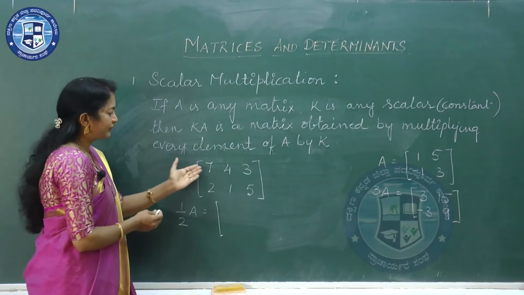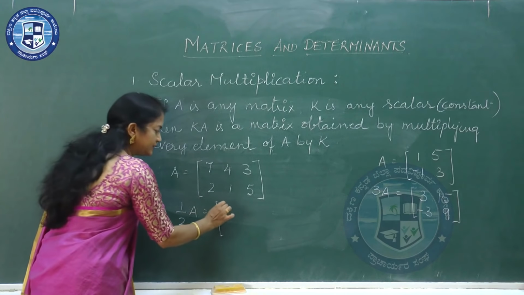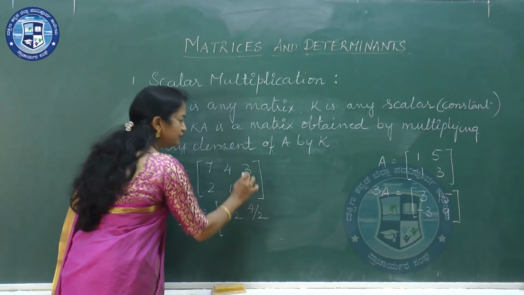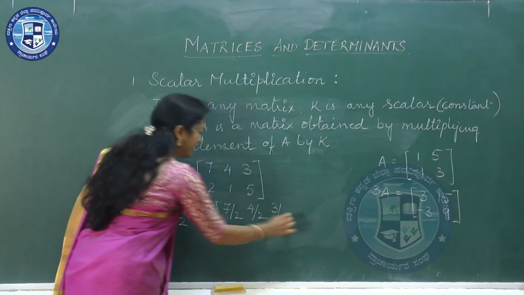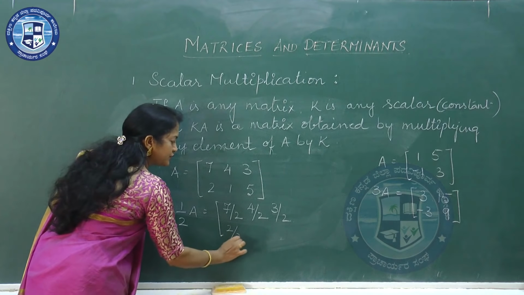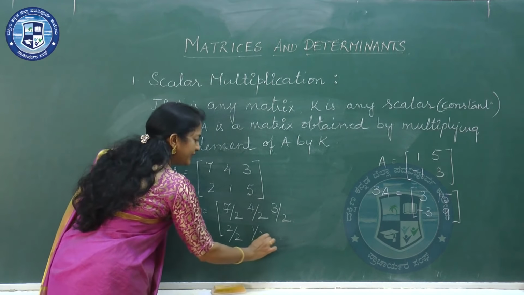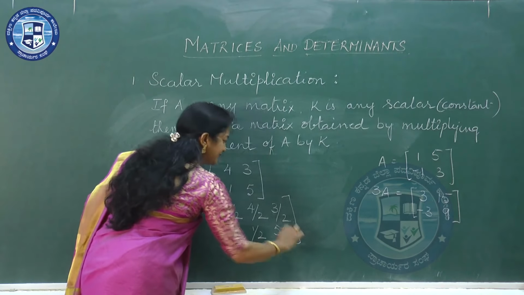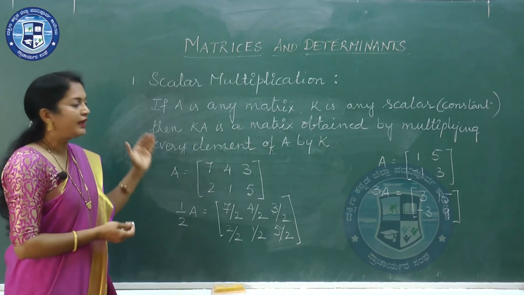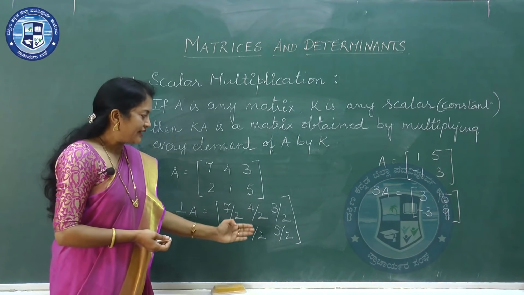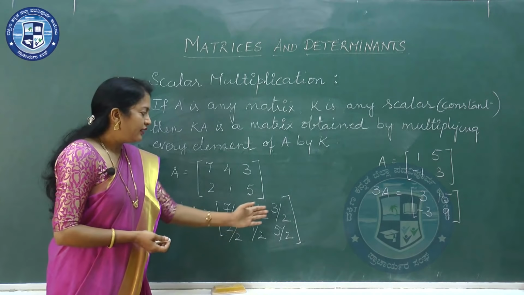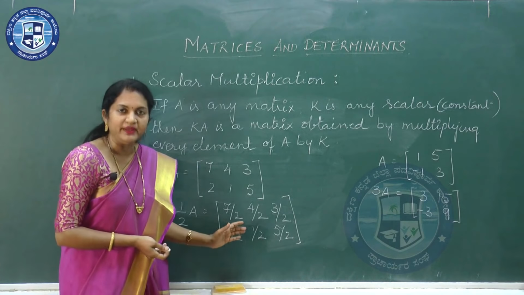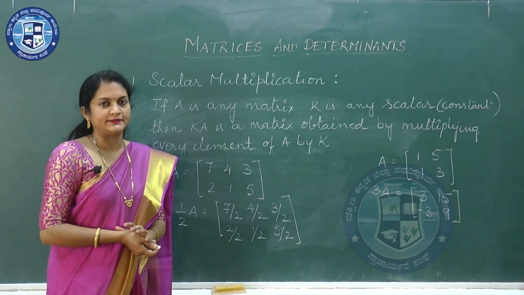The resulting matrix: 7 into 1 by 2 is 7 by 2, 4 into 1 by 2 is 4 by 2, 3 into 1 by 2 is 3 by 2, 2 into 1 by 2 is 2 by 2, 1 into 1 by 2 is 1 by 2, 5 into 1 by 2 is 5 by 2. Here 4 by 2 we can write as 2, and 2 by 2 as 1, but this way scalar multiplication will be done for matrices.